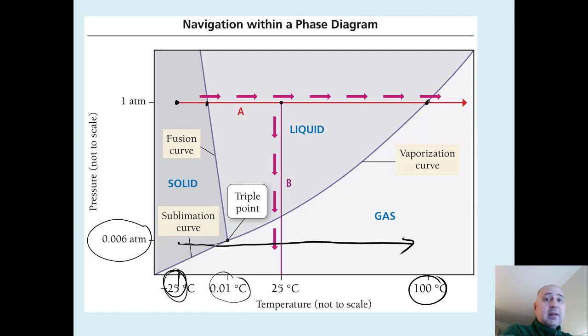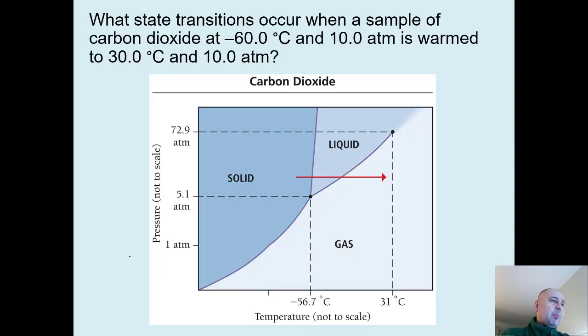You might have noticed that in the freezer this can happen. Your ice can sublime, unless you have a self-defrosting freezer or something like that. It will go from solid straight to gas at 0.06 atm.